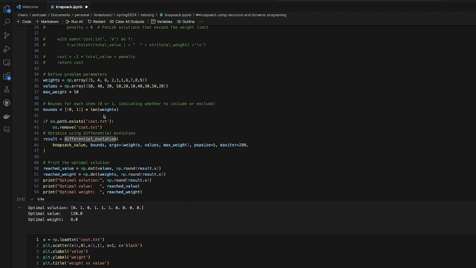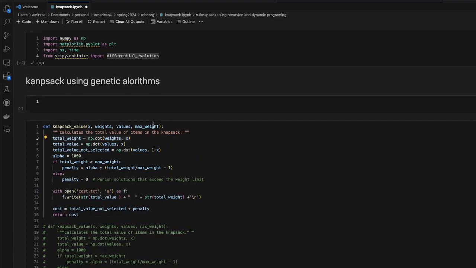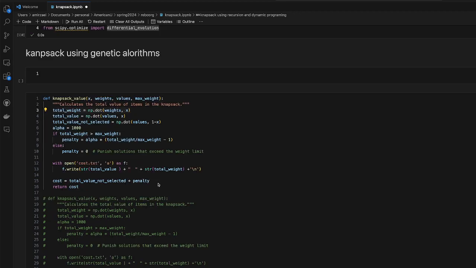and we saw the code for using an evolutionary algorithm with the scipy.optimize differential evolution package, which is one of the many algorithms that come under evolutionary algorithms.